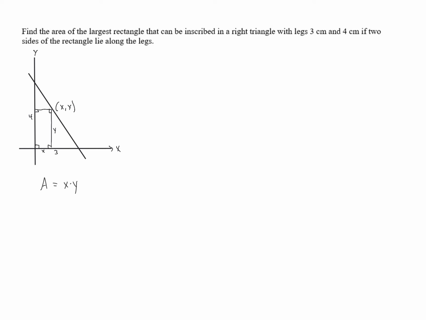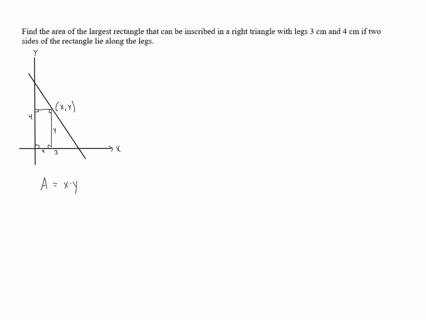But here's the thing. We know that we have to get rid of x or y so that we can have a function of only one variable. But because the point x comma y is on this line, if we can figure out the equation for this line, that will give us a relationship between x and y that we can use to eliminate one of the variables.